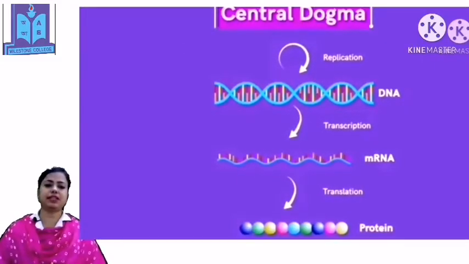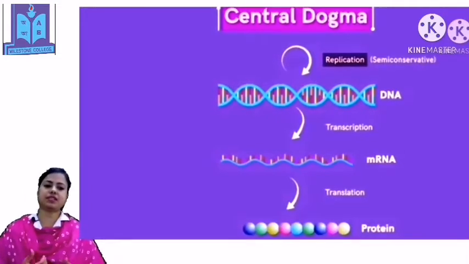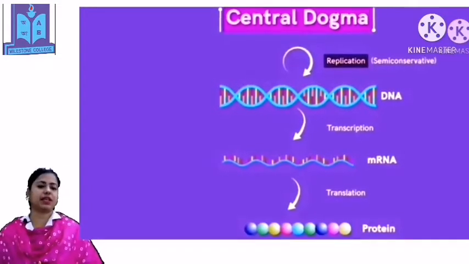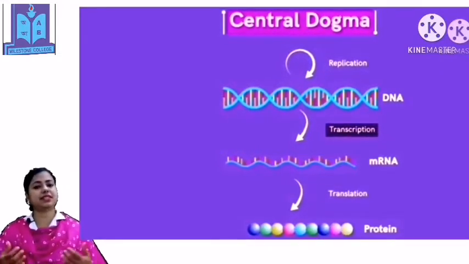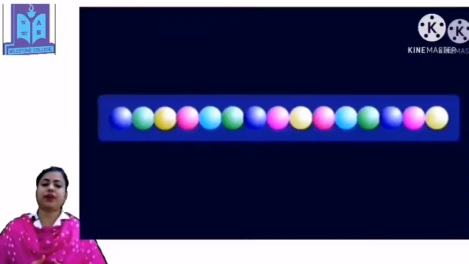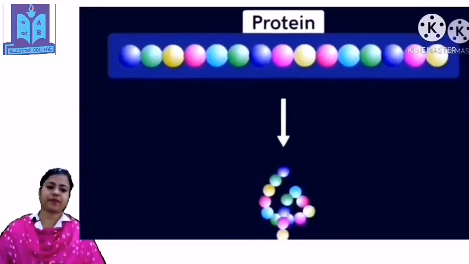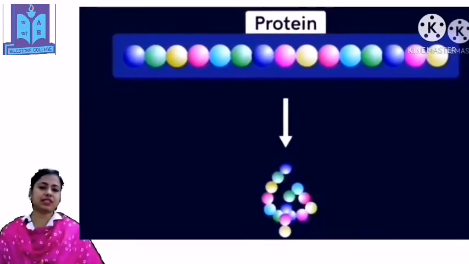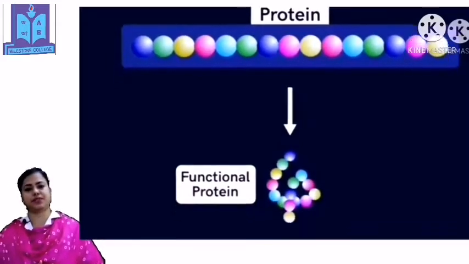This messenger RNA is then read and the code is translated into proteins. This interesting concept is nothing but the central dogma. We know the replication process is semi-conservative in nature. So now we will be focusing on the two processes, transcription and translation.